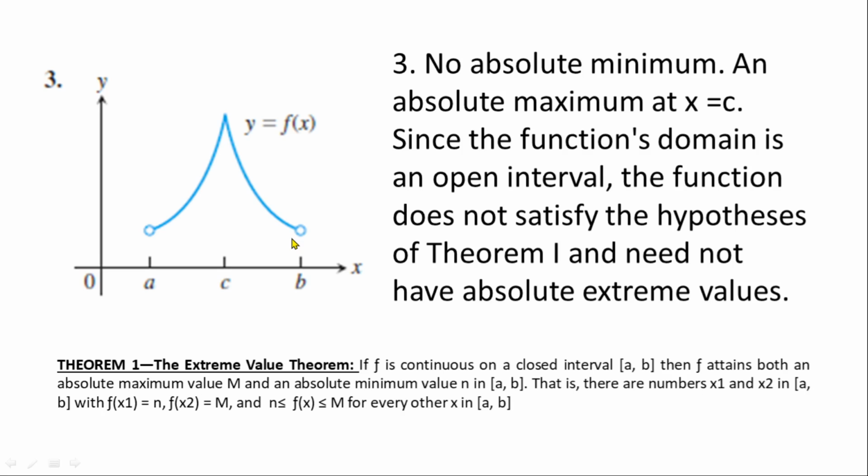So from this graph we cannot say what the absolute minimum value is, and there is an absolute maximum at x equal to c. Since the function's domain is an open interval, the function does not satisfy the hypothesis of theorem 1 and need not have absolute extreme values. Here there is an absolute maximum, but there is no absolute minimum.